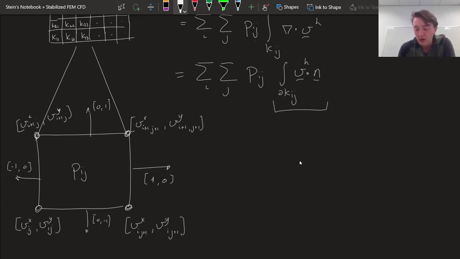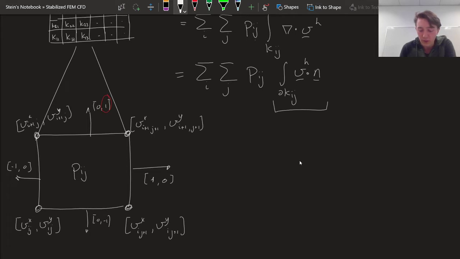So v dot n, let's go over the top one first. If I dot it with the normal, well, the normal has 0 on the x component and 1 on the y component. So if I dot a velocity with the normal on that edge, then the only one I am left with is the y component of that velocity.